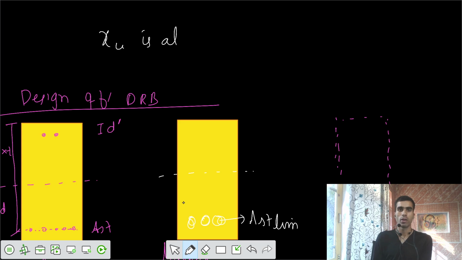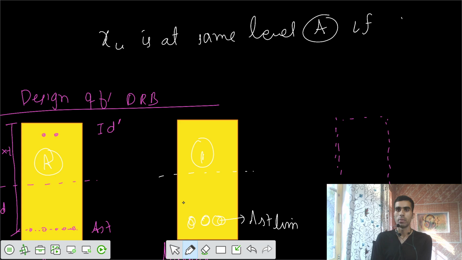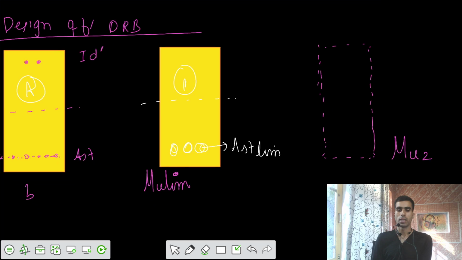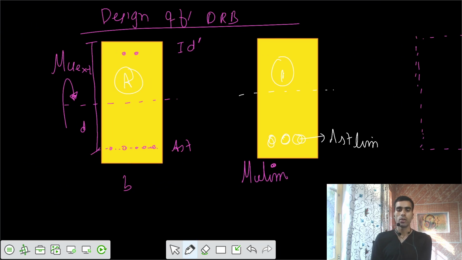XU is at the same level for all of them: for your actual beam and for beam number 1, XU is the same, because we are adding the steel from the top and bottom in such a way that your neutral axis remains the same.